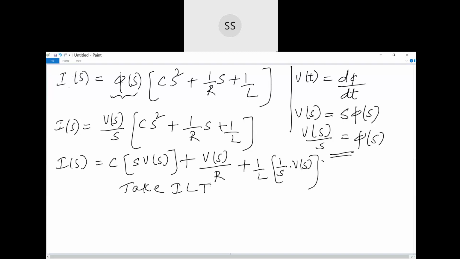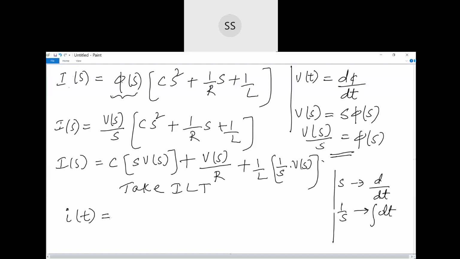For taking the inverse Laplace transform, what do we have? For s, we have to write d by dt, and for 1 by s we have to replace it by integral dt. So I of s will be written as I of t, because now we are coming back again to the t domain.